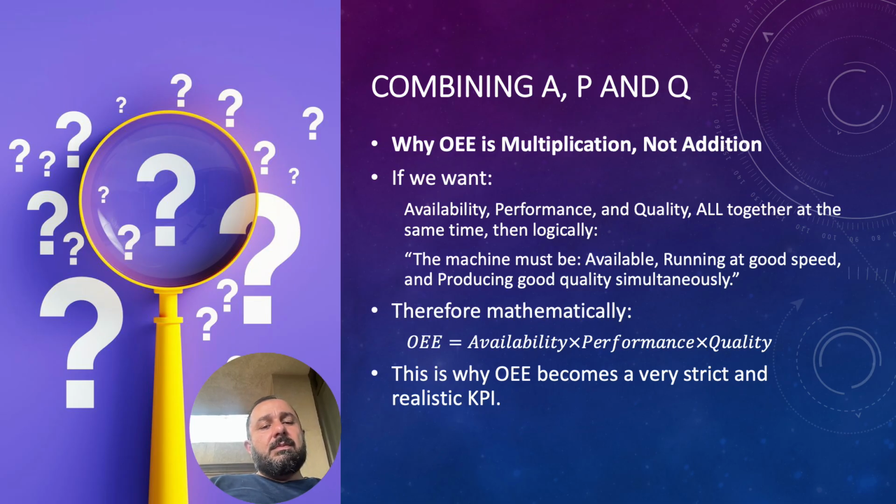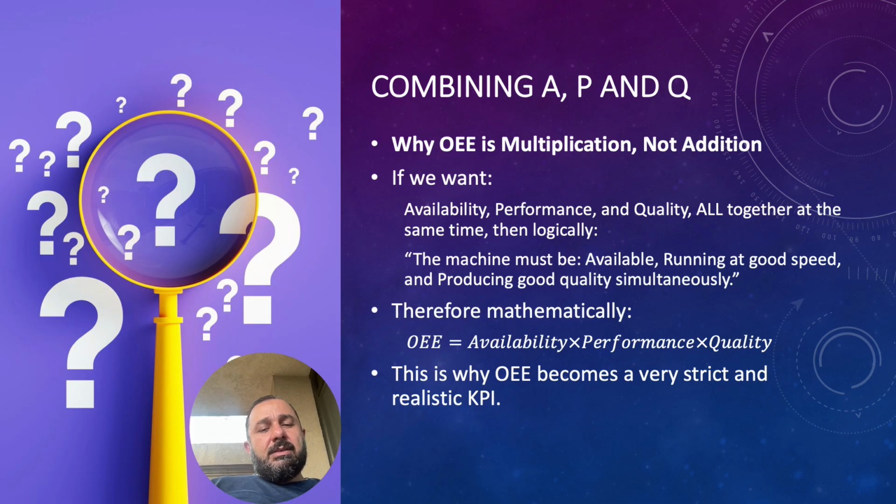So when we are interpreting a logical equation or logical requirement as a mathematical equation, we are saying that I want a percentage that gives me availability and performance and quality at the same time.